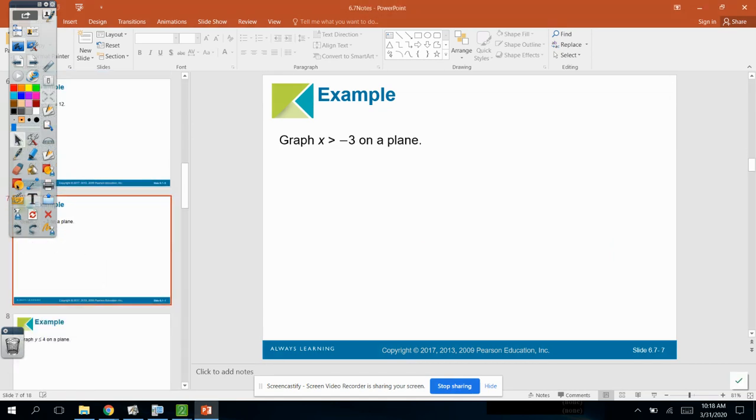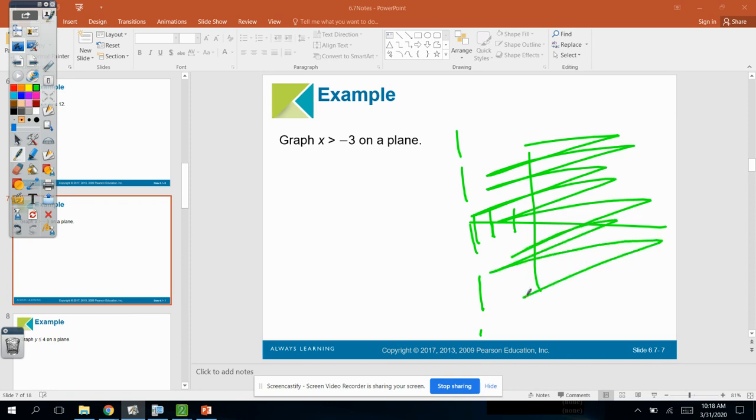Okay, these are the special ones. X is greater than negative 3. Well, where does x equal negative 3? Right here. It'll be a dashed line because it has no equal. And where is x bigger than negative 3? Well, is 0 bigger than negative 3? Yes. So we'll plug it in over here.